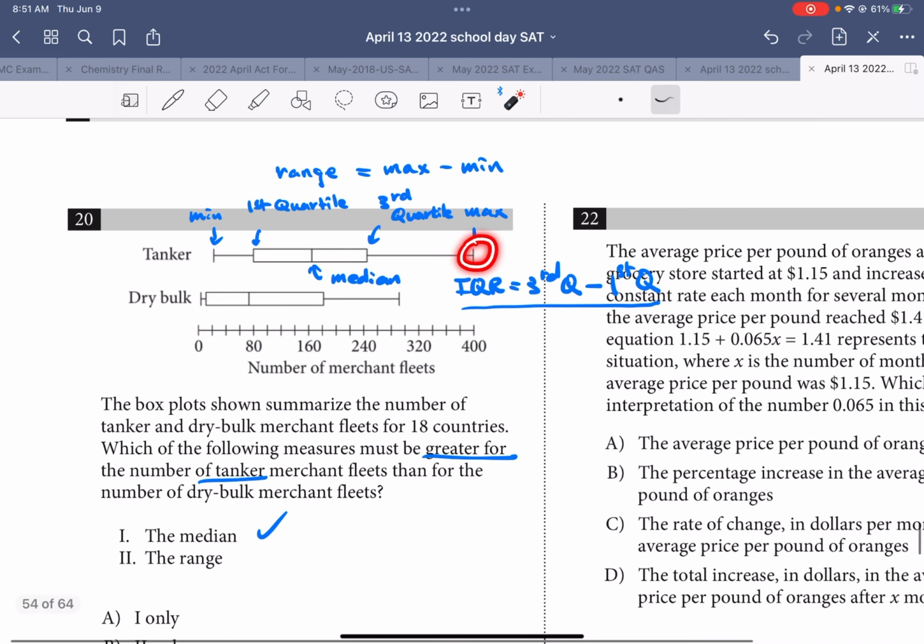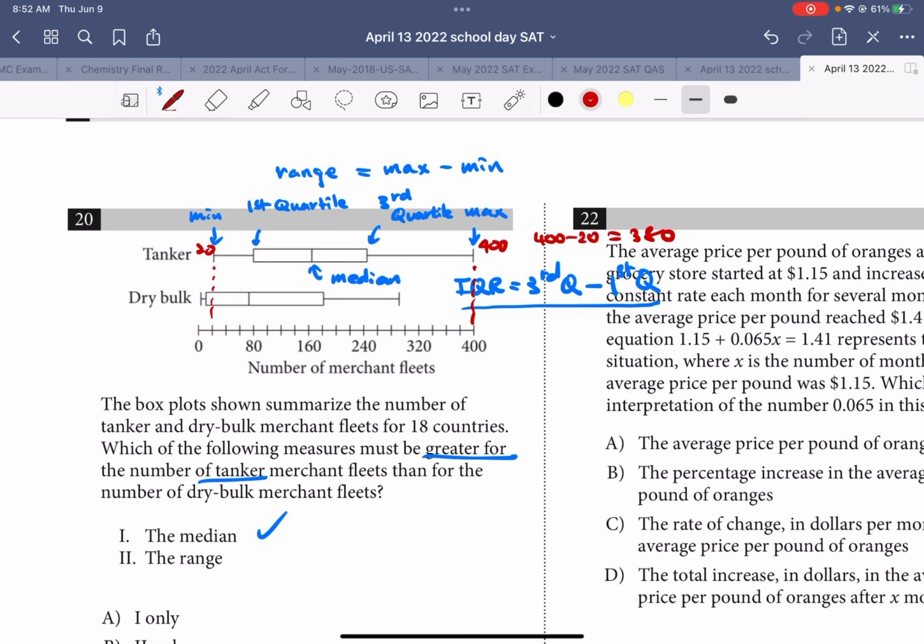Range for tanker, this minus this one. That looks bigger, but let's actually calculate it. That one is around 400 max, and this one is around 20. So the range for tanker is 400 minus 20, 380. Now dry bulk is right here, around 290.